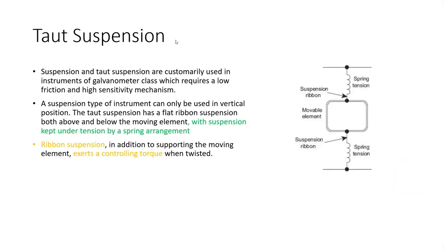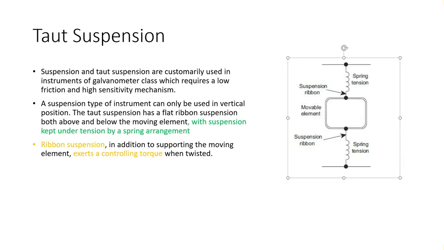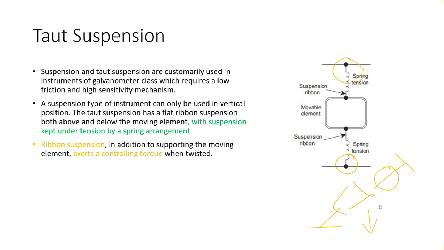The taut type instruments have two sides mounted. This is, let's say, the first side, which has some spring and some spring mechanism. This is the second. So this is free to move, but again we need a vertical mechanism, because if we tilt it like this, then the effect of gravity might change this suspension and might compress this one.